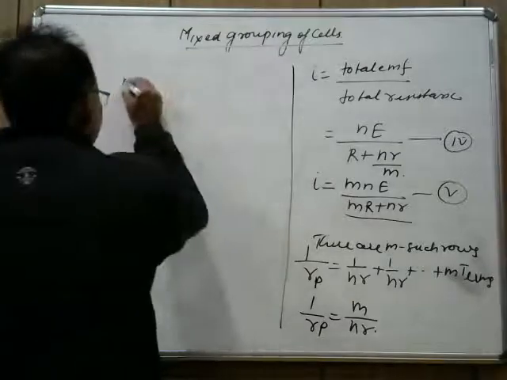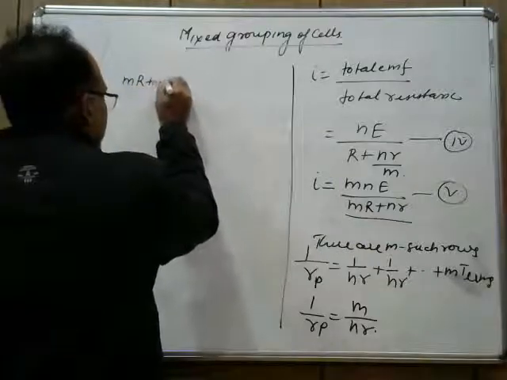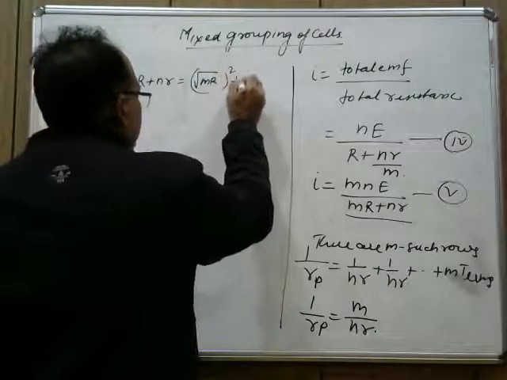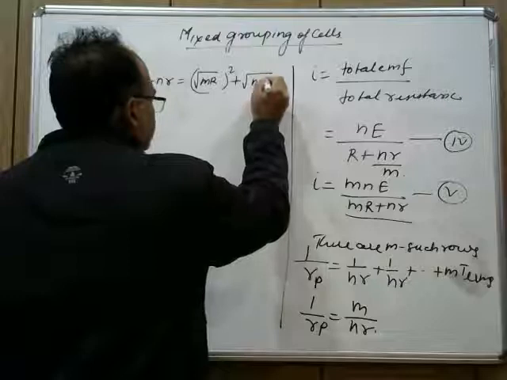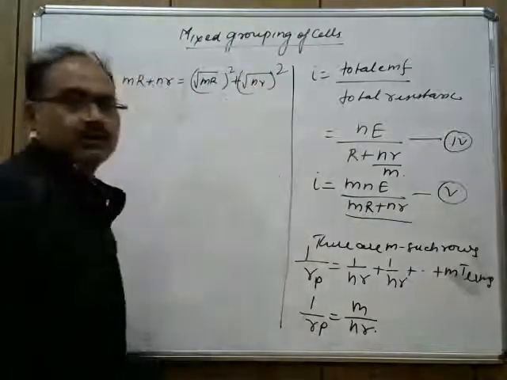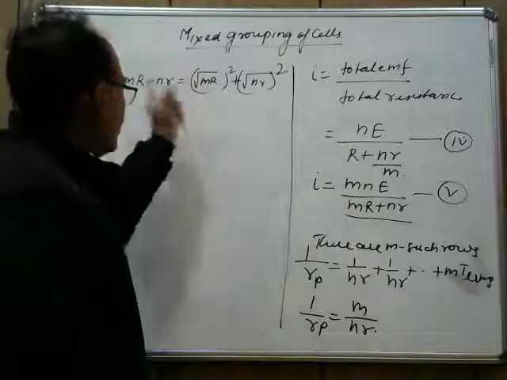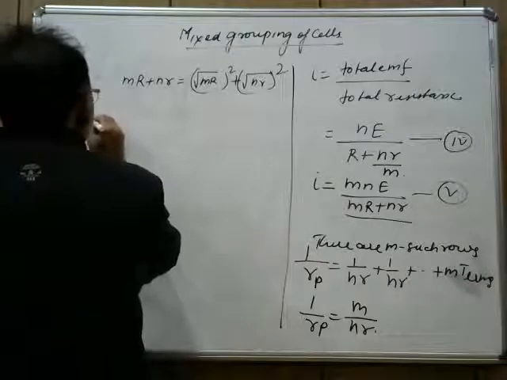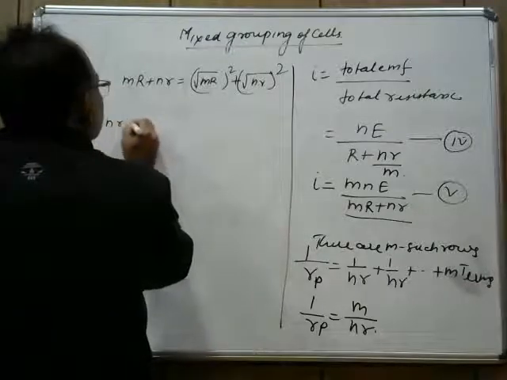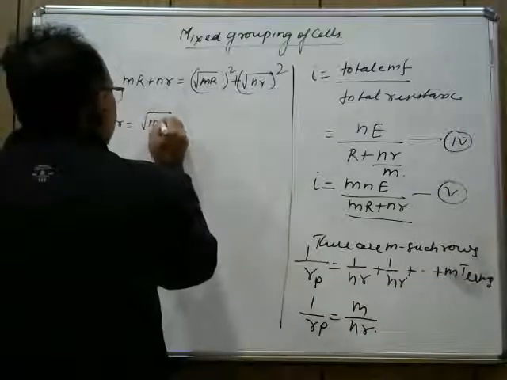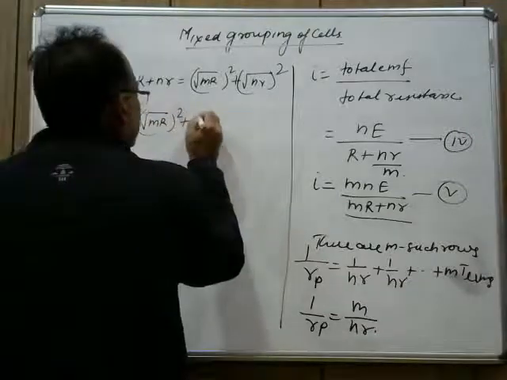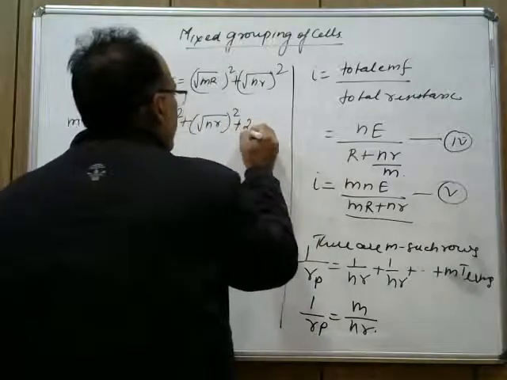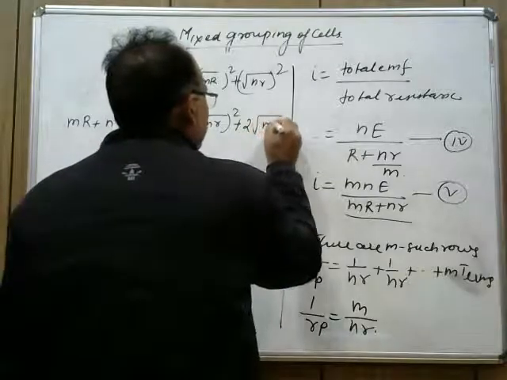Now we can write this mR plus nr as under root mR whole square plus under root nr whole square. इन दोनों का स्क्वायर कर देंगे तो क्या होगा, वही क्वांटिटी आ जाएगी. अब इसी एक्सप्रेशन में अगर हम थोड़ा सा एडिशन करते हैं, mR plus nr is equal to under root mR square plus under root nr square plus twice under root mR root nr.